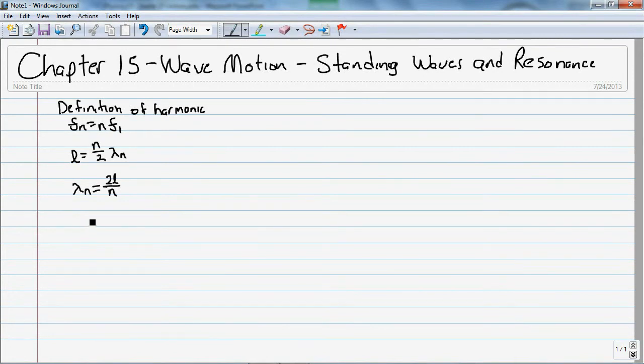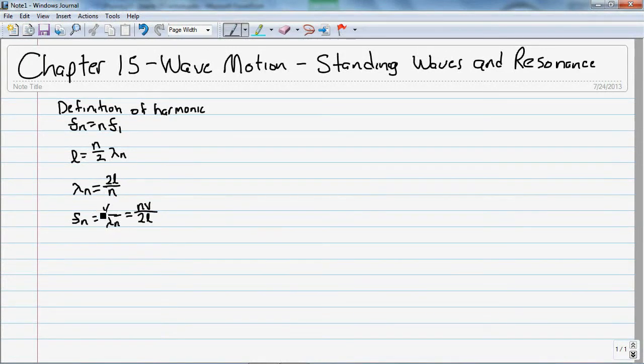And we can express that in terms of the frequency of the nth harmonic. That's just the velocity divided by lambda of the nth harmonic, and substituting for lambda, we get n, the harmonic number, times the velocity divided by 2 times the length.